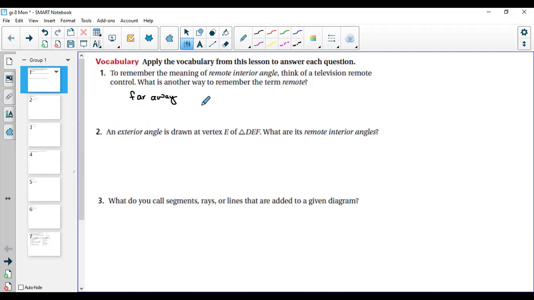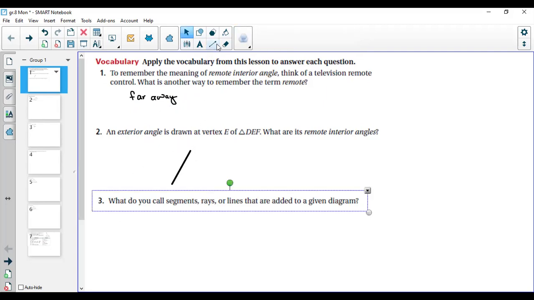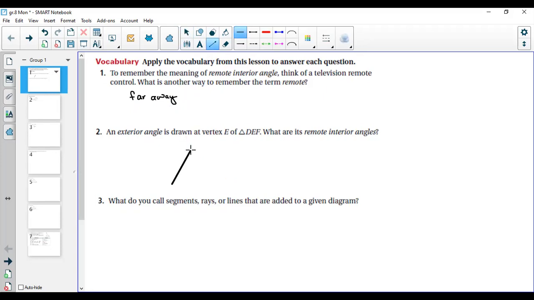Now, an exterior angle is drawn at vertex E of triangle DEF. Let me draw a picture to make this clear for you. They have a triangle DEF. So this is the triangle, and it's D, E, and F. So what did they say?